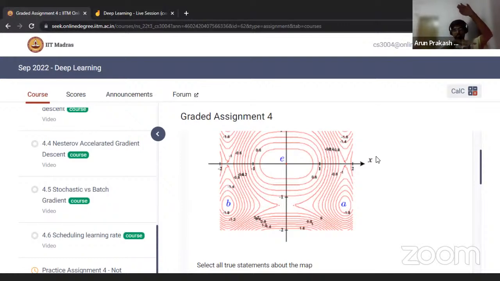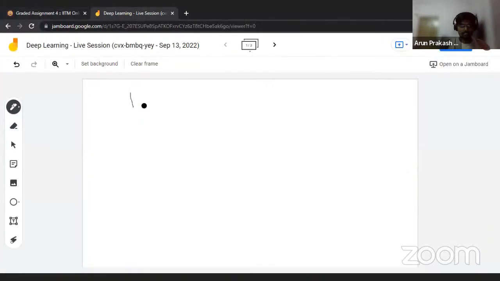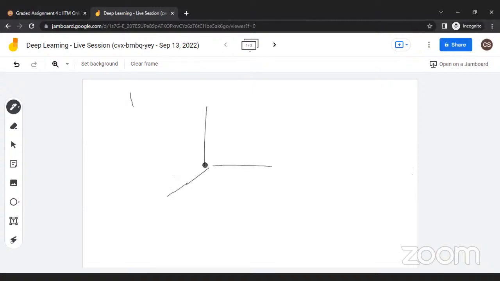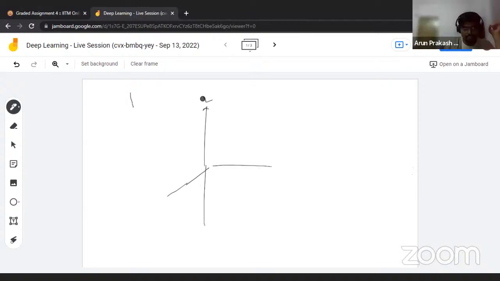It might be difficult to draw exactly since it is 3D. No problem, I just want to know the concept. This is X and this is Y.